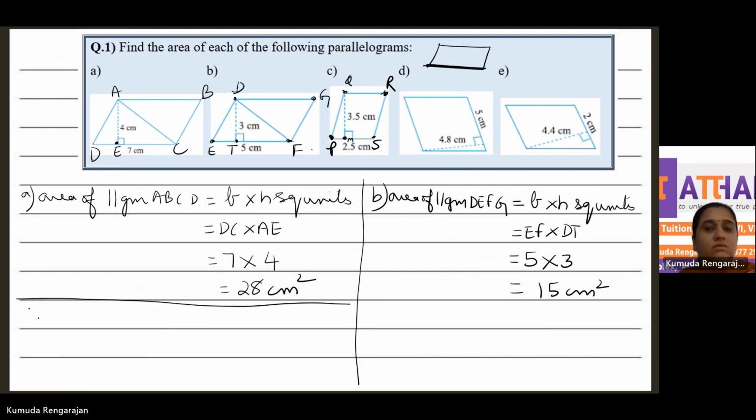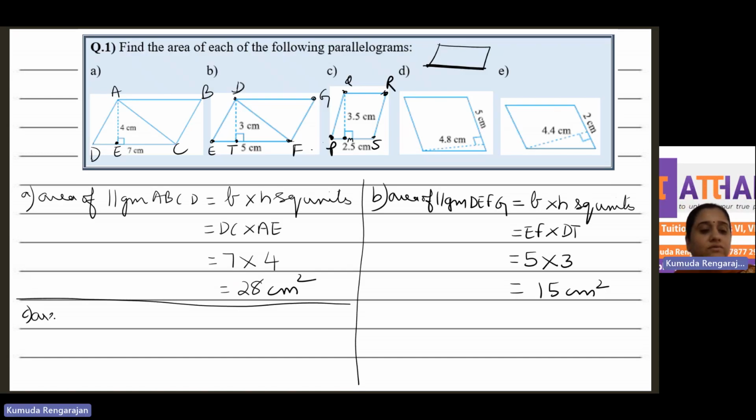So, yeah, tell me. Mensuration exercise 11.2. Yeah, tell me, Navneet, area of parallelogram PQRS. First, tell me the formula.